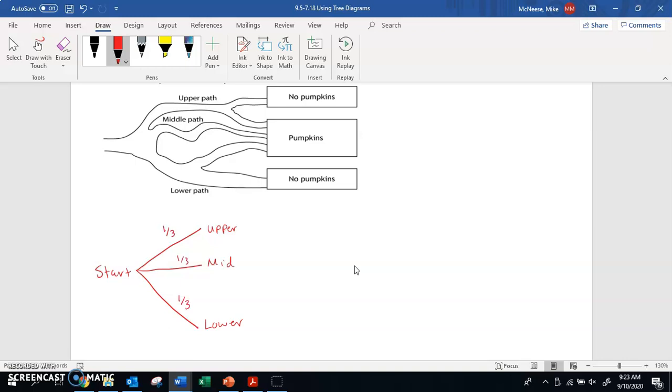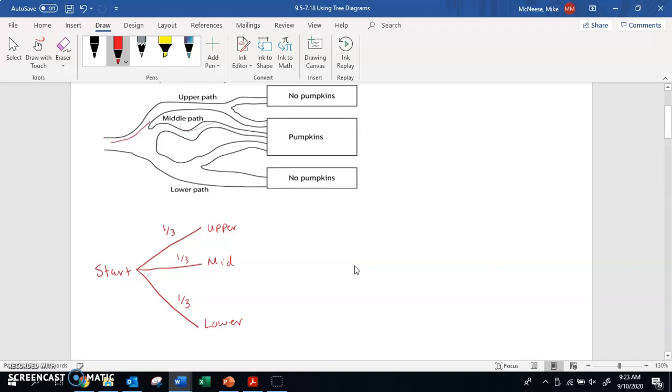And then from there, if you notice on this upper path, we've got a split. We can go up or down. So on the upper path, we have 2 more paths from there. Depending on which path you take, the upper path leads to no pumpkins.